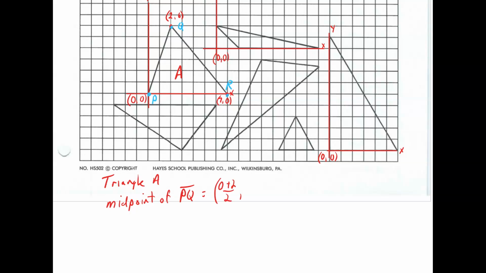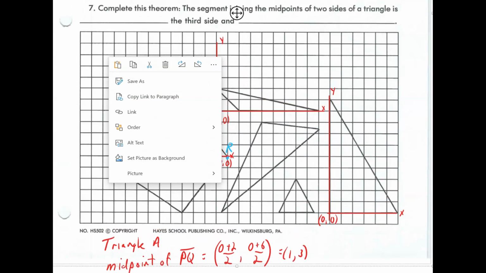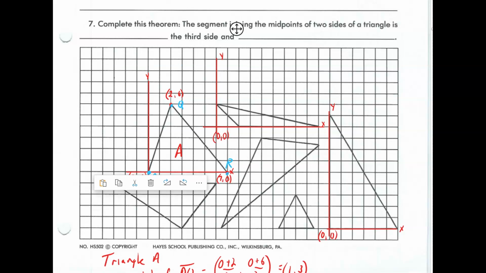And then the average of the y's, so it'd be 0 plus 6 over 2. And that midpoint would be 2 over 2, which is 1, and 6 over 2, which is 3. So the midpoint from PQ is 1, 3. So over 1, up 3. It's just what it looks like right there.